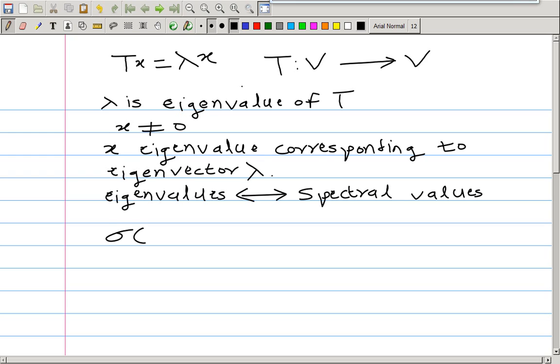Sigma T denotes the set of all eigenvalues of T, so the set of all lambda such that lambda is an eigenvalue of T.